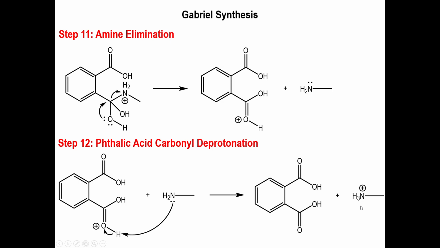So typically when you do this in the lab, what you would then do is separate phthalic acid from your actual methyl ammonium salt, right? Phthalic acid will be soluble in organic solvent. The methyl ammonium cation will be dissolved in water, so you can separate it that way. And after that, you can treat your water with base in the presence of ether solvent, which will deprotonate the ammonium, bring it back to amine, and you can extract it with your organic solvent at that point.